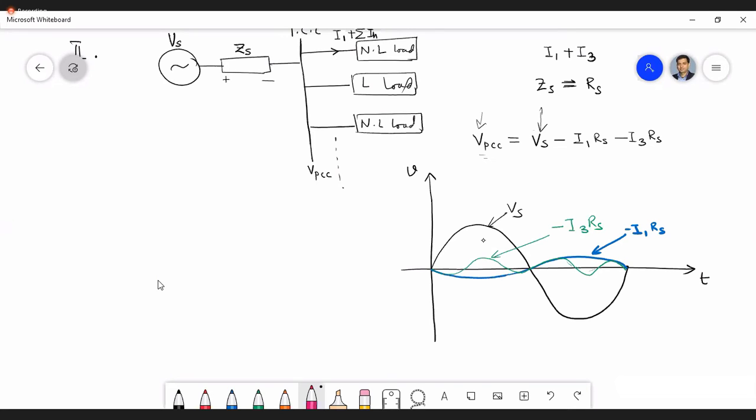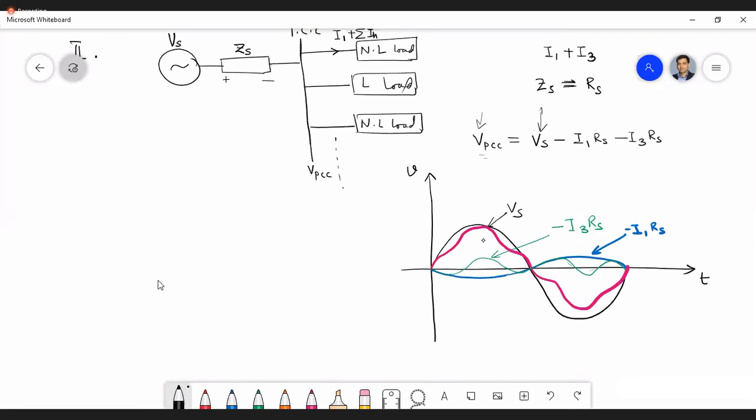It will be a bit peaky, with a peak in the middle. Correct. That means it will be like this. Not exactly the value, but I am interested in that nature. So this will be peaky in nature.